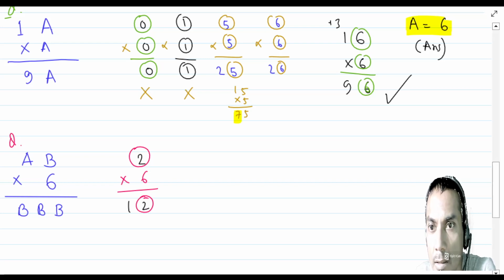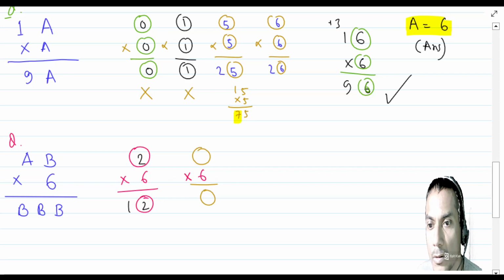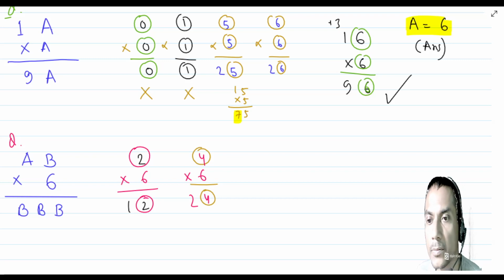And if I consider 3, not possible. 4, if we consider 4, then it is possible. Consider 5, not possible because 30 is 0. 6 is possible. Yes. Why 6 is possible?